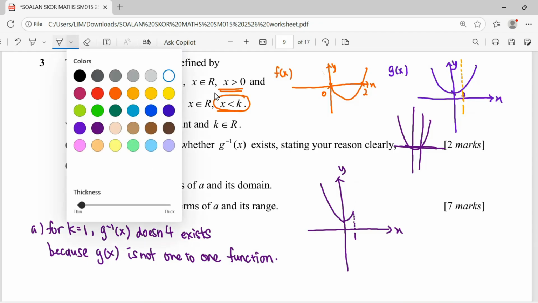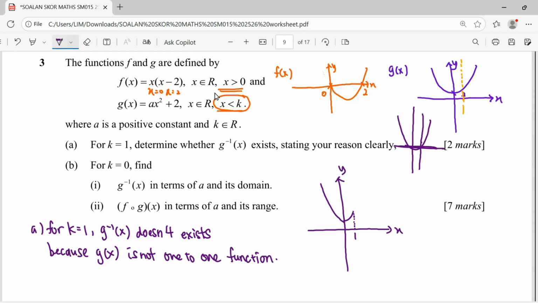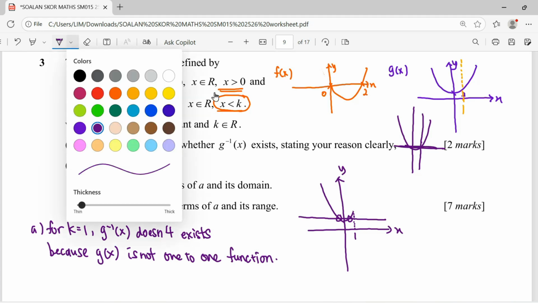Very obvious. We want to test, is it one-to-one? It will cut 2 points. Our function is not one-to-one, so g inverse does not exist here. So that will be our part A.